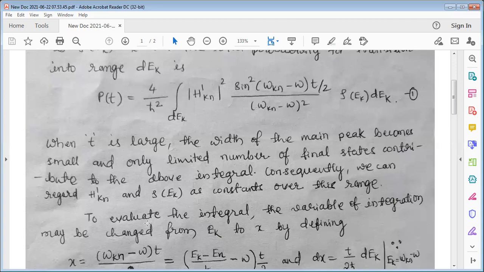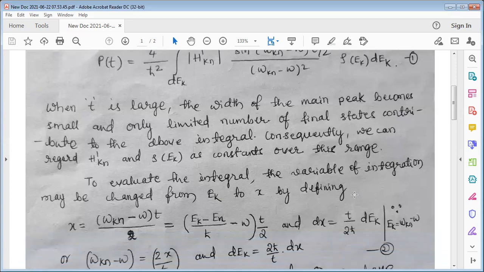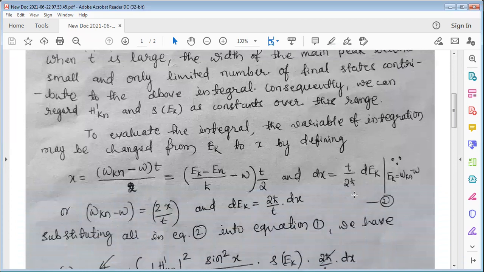Consequently, we can regard h dash kn and rho of Ek as constants over this range. So at higher time ranges, these two quantities can be considered as constants.